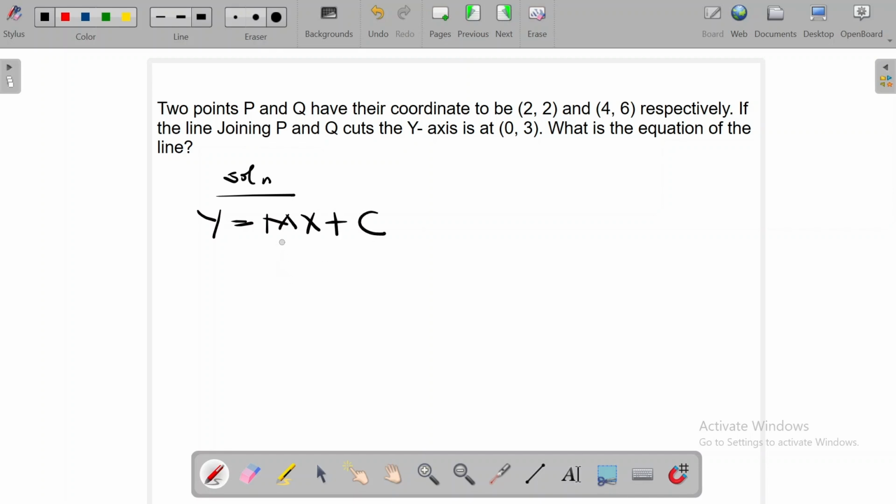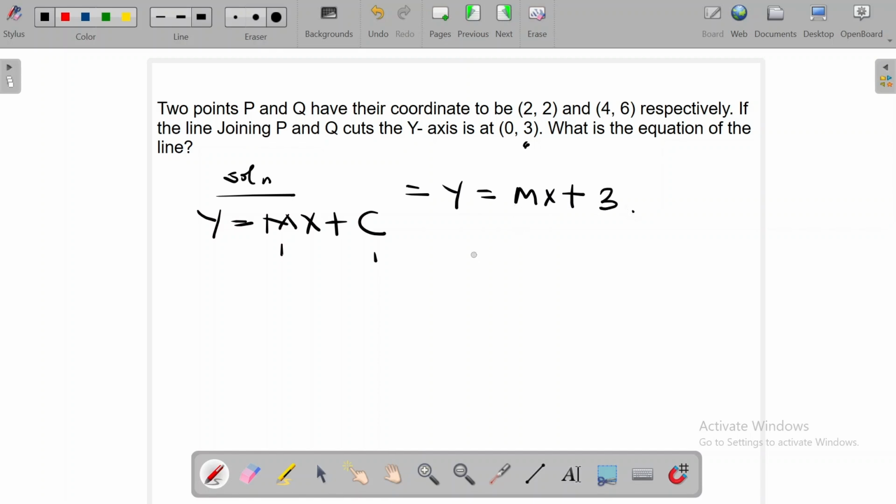I need to know the value of m, and I need to know the value of c. Input it here, and you've gotten the equation of the line. From this question, the intercept, without even solving, you can see clearly it is 3, because it cuts the y-axis at 0, 3. So I can say this can be written as y is equal to m, which we've not solved yet, and our c here is 3.